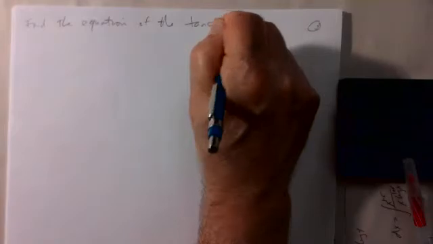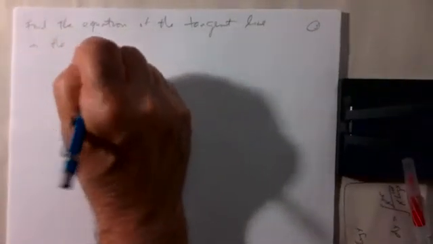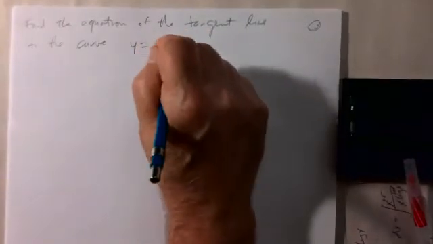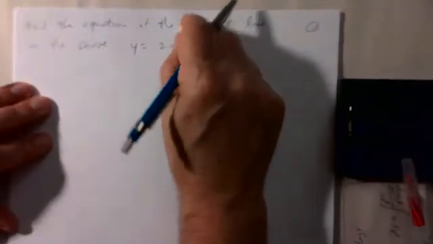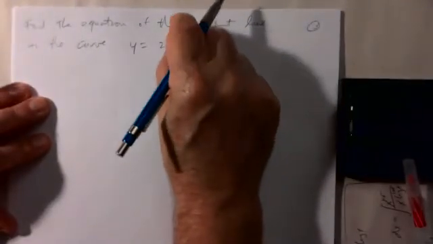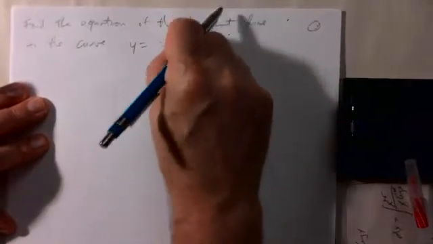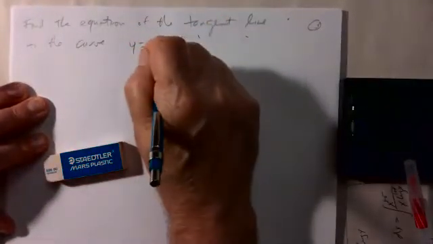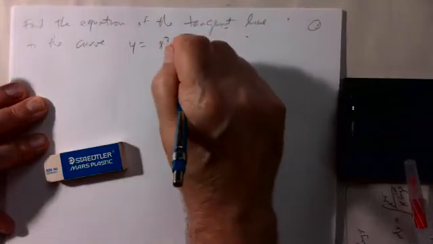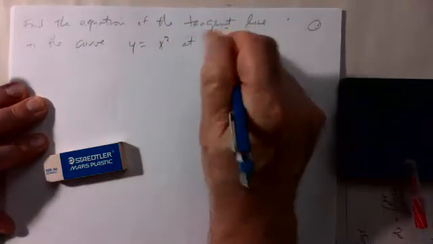Find the equation of the tangent line to the curve y equals x cubed at the point x equal 1.